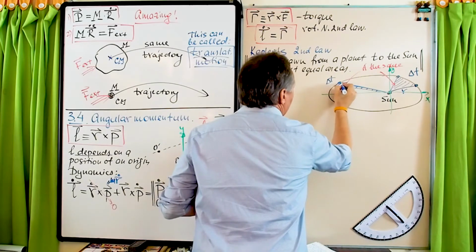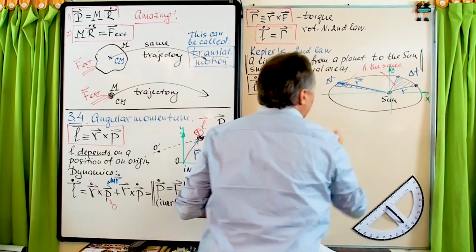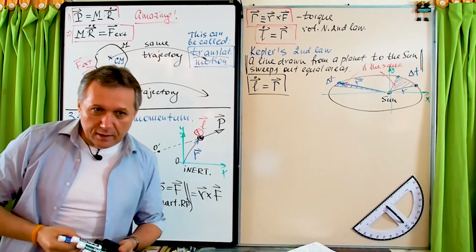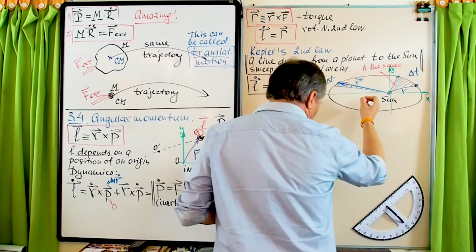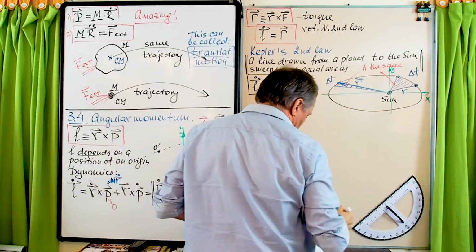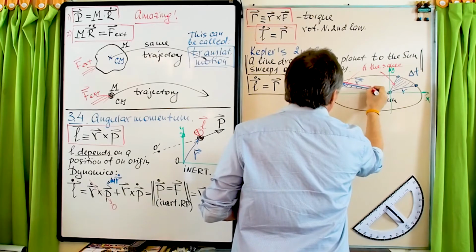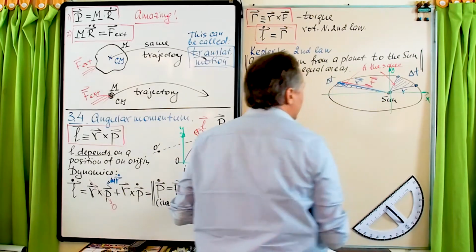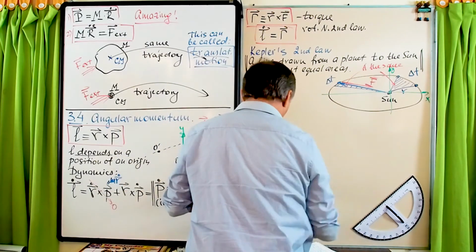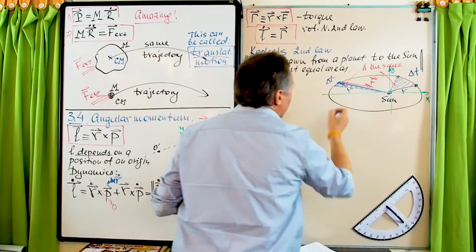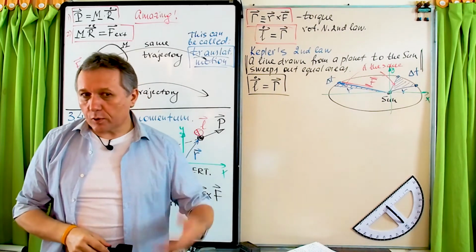When the Earth is over here, that is R. The force is central, so the force will be towards the sun. Probably I should have drawn R underneath. Let me draw R over here. So this is R and that is F. They are anti-parallel, and of course the torque will be equal to 0.